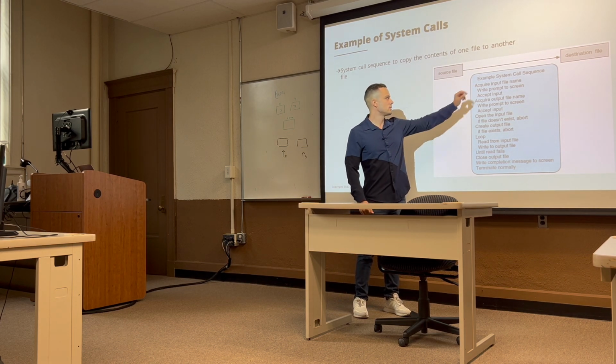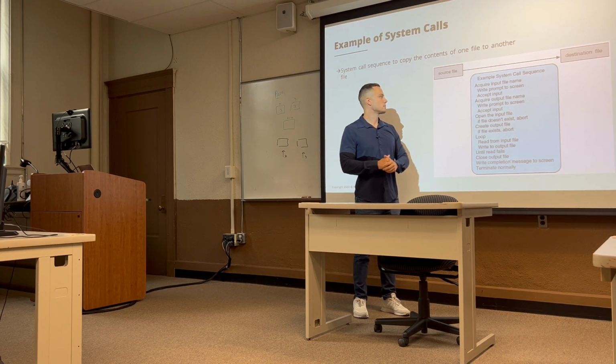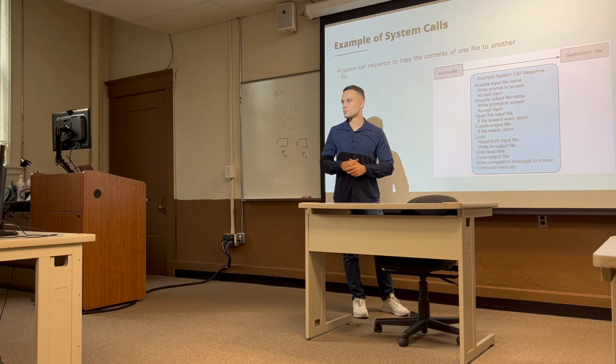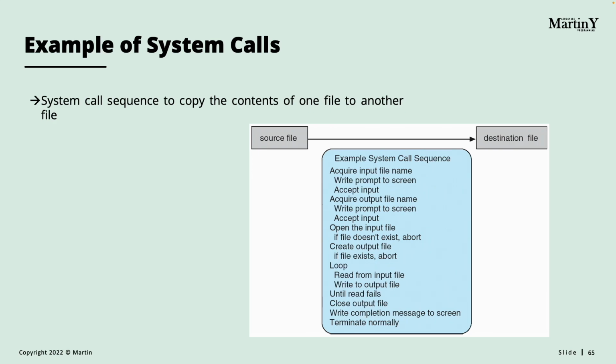First of all, we need to acquire the input file name, right? Then we need to write a prompt on the screen, so the user writes, and we're acquiring the name of the file. Now we accept the input, so we accept the command for, let's say, creating the file, okay?